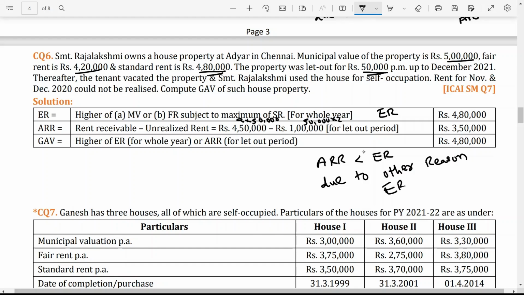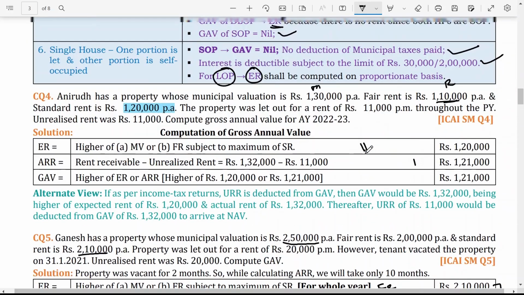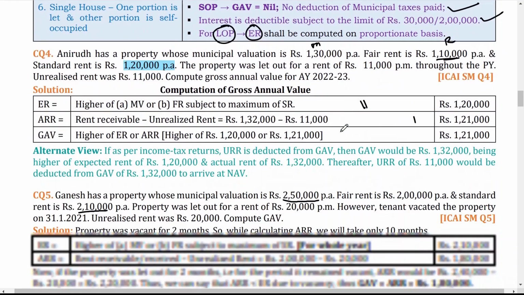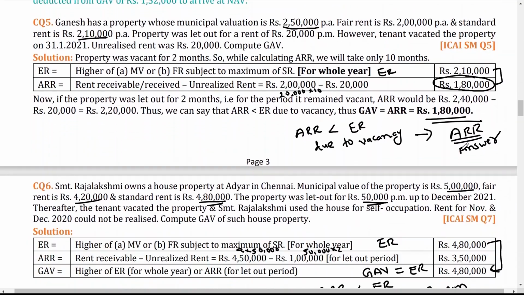ER will become your answer. So what is your GAV? GAV is equal to ER, expected rent. That is the case, that point we have discussed here. If your ARR is less than ER due to any other reason, in that case GAV is equal to ER. That will become your answer. So that concept is clarified here.